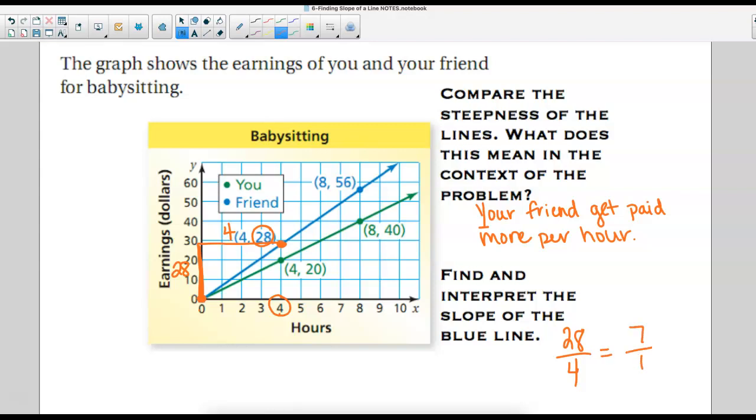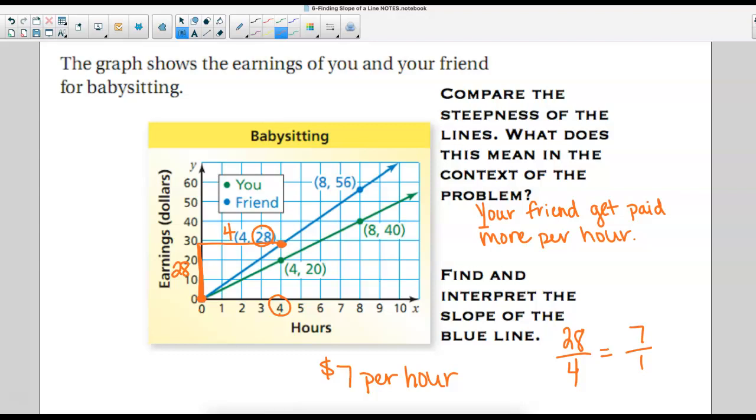What does that mean? $7 per hour. So your friend is making more than you. Maybe they're doing the dishes and you're not. They're getting paid more. Okay?